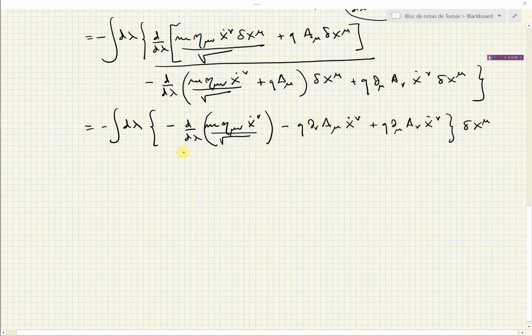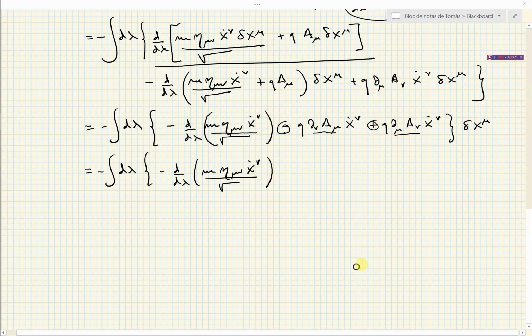This is going to be the equation of motion. Let me still massage it a bit, because I have partial nu a mu and partial mu a nu with different signs, and they can be collected into an f mu nu. So I have minus d lambda m eta mu nu x dot nu, and I choose this plus q f mu nu x dot nu and delta x mu.